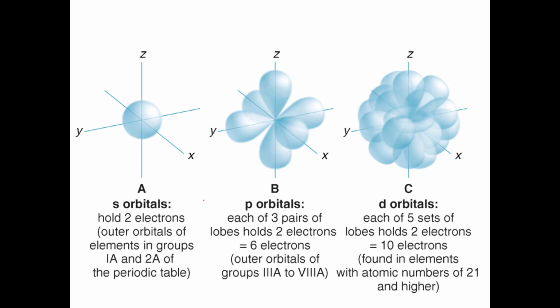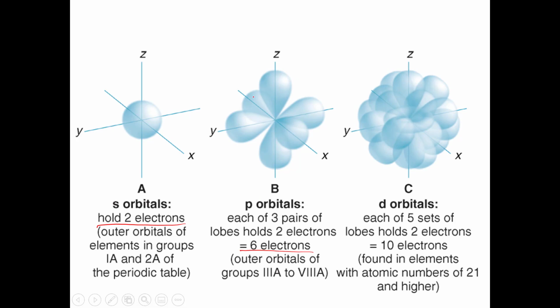I want to show how complex the shapes of the orbits are. The S orbital can hold just 2 electrons, and this is the shape. The p orbitals can hold 6 electrons, and each lobe can hold 2 electrons.